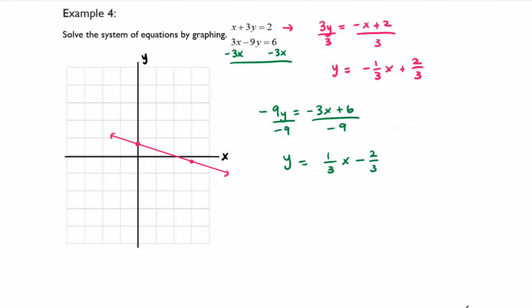And then the other line has a y-intercept of 0, negative 2/3 and a slope of 1/3. So I'm going to go up 1 unit, right 3 units.